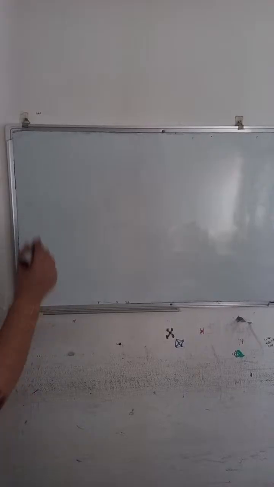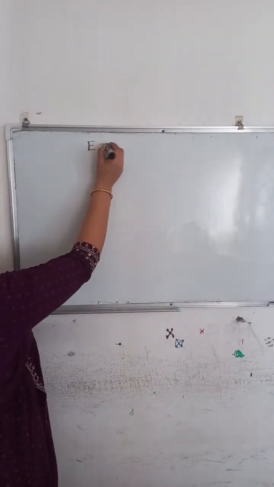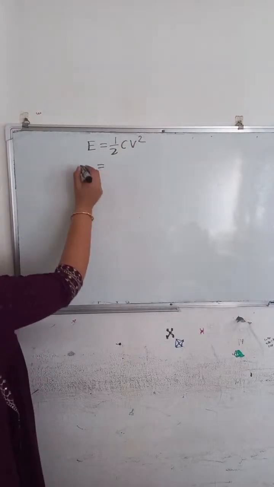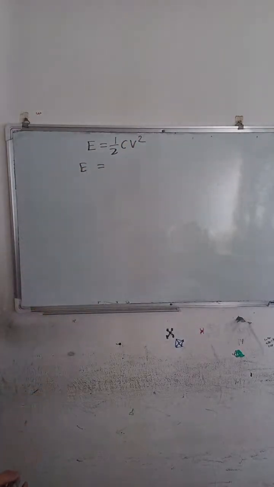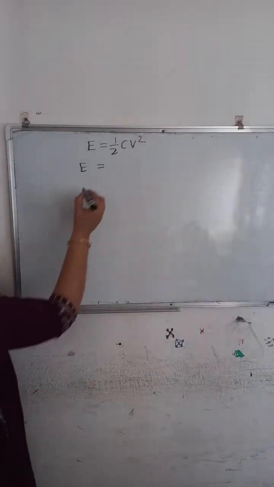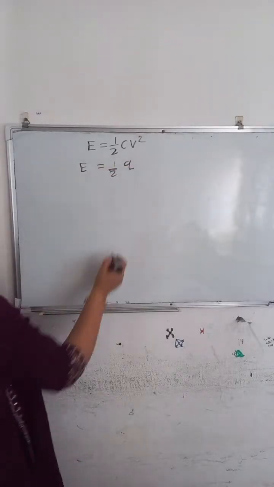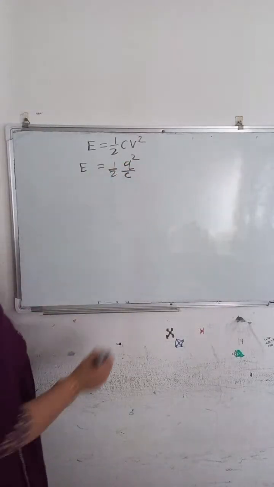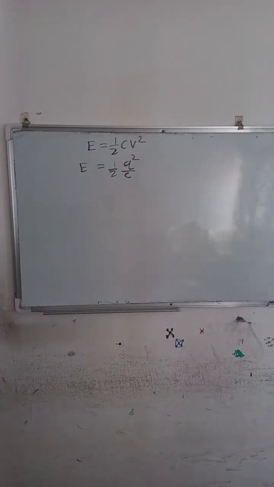Okay, so normally for energy stored in the capacitor, we have half CV square, and the other two expressions we calculated by putting the value C is equal to Q by V and V is equal to Q by C. So those formulas we did, and there we got half QV, and half Q square by C. We did three different combinations for energy.